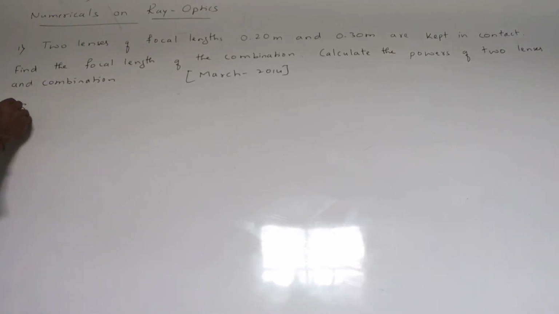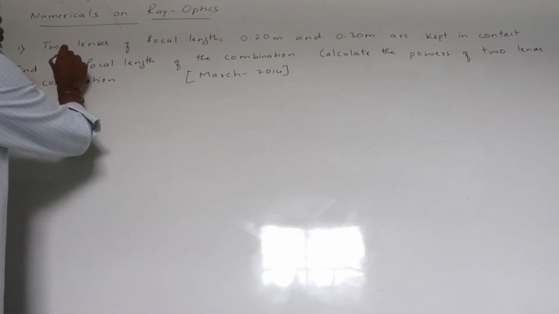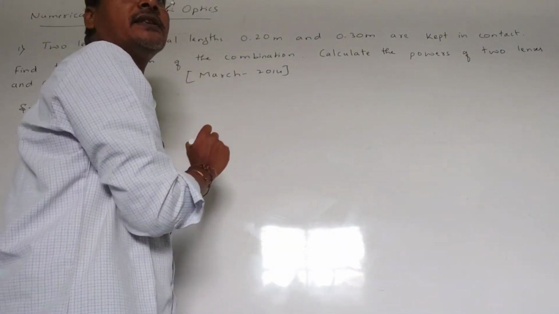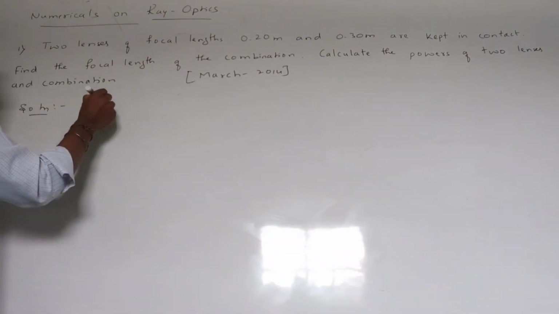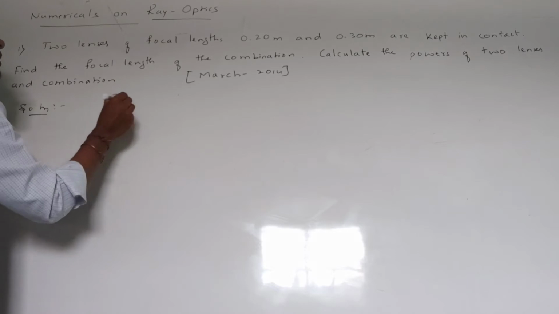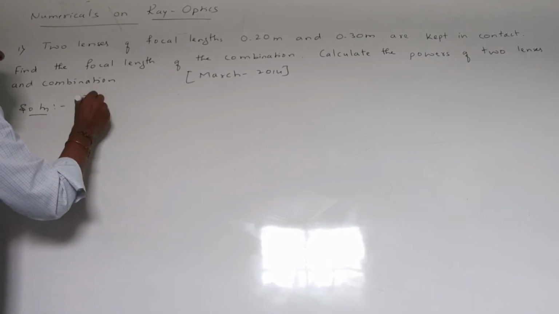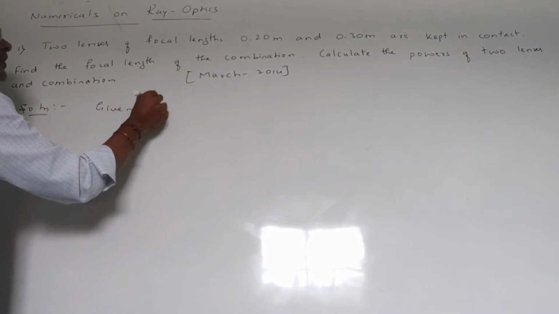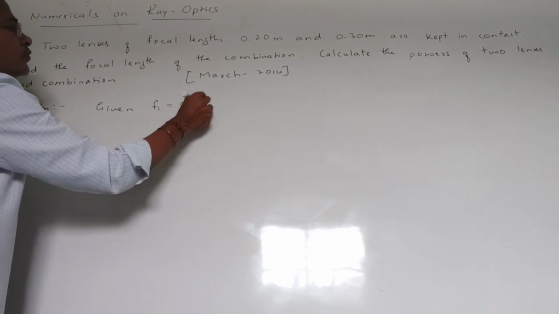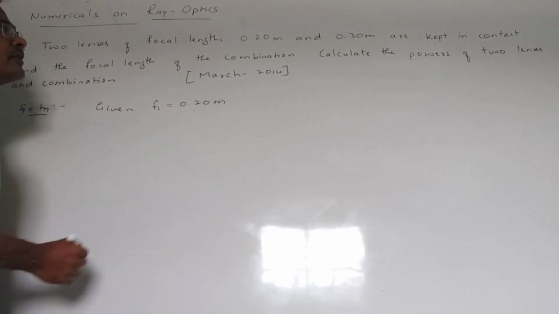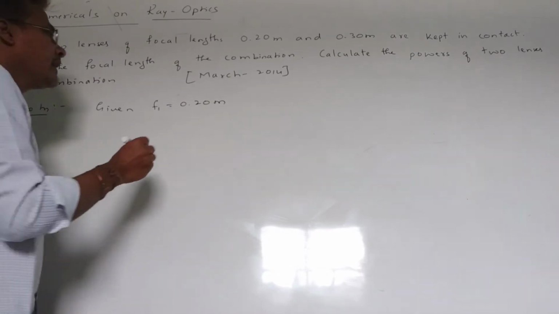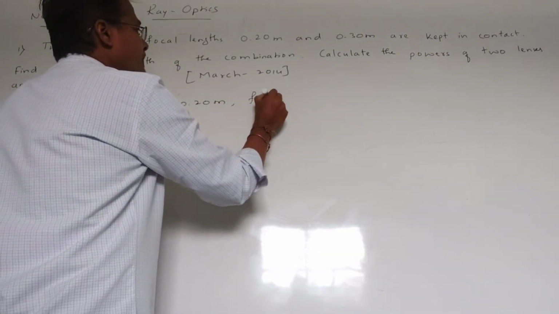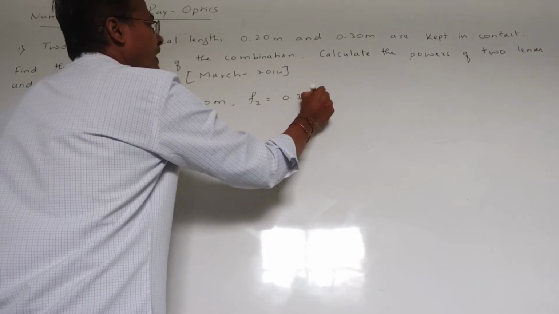So in the solution, first understand what is given. Two lenses of focal length 0.20 meter. This is the first lens focal length, that is f1 equal to 0.20 meter, and f2 is 0.30 meter.